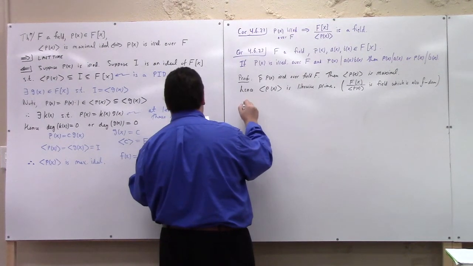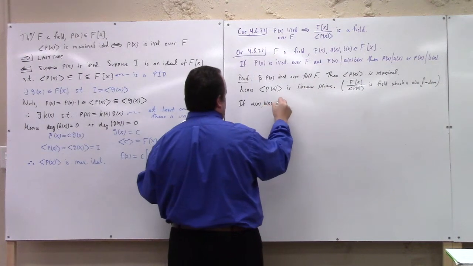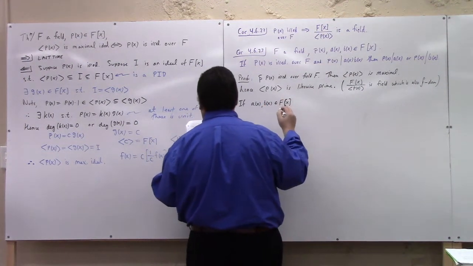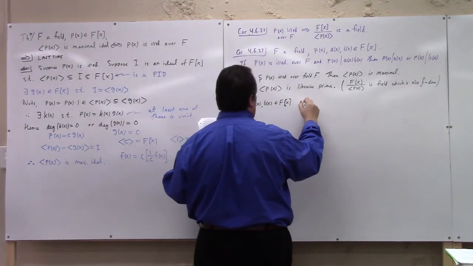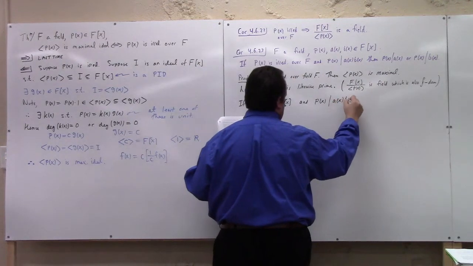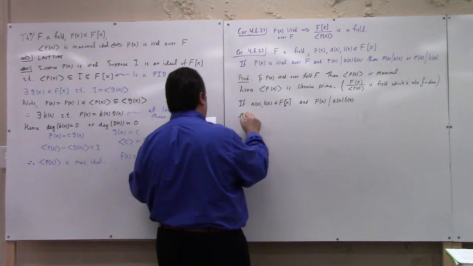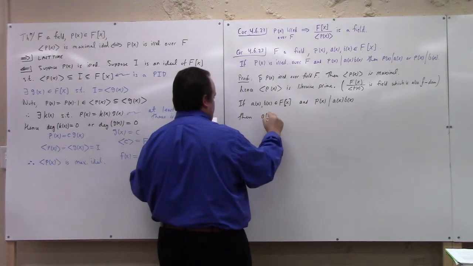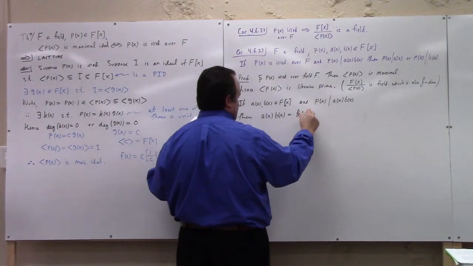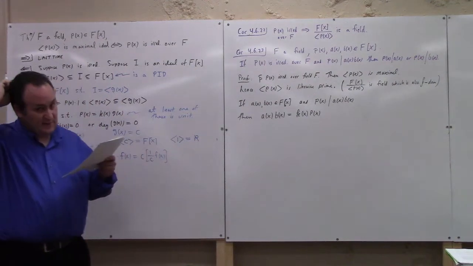If a of x and b of x are polynomials, and p of x divides their product, what does that mean? Then we of course have a of x times b of x equal to k of x times p of x. Some multiple of p of x has to be equal to the product of a and b.